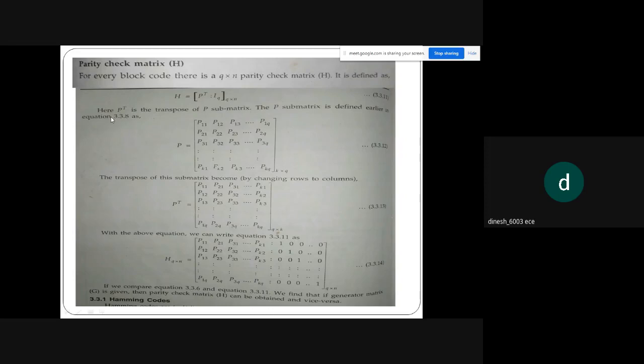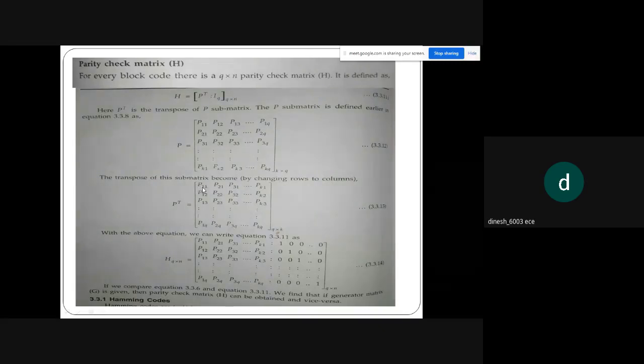So how do you obtain this P transpose? Transpose is a simple concept: changing rows into columns, as you are all familiar with from determinants and matrices. Whatever we have in the first row, write it as the first column. Whatever we have in the second row, write it as the second column. Whatever we have in the third row, write it as the third column, and so on.